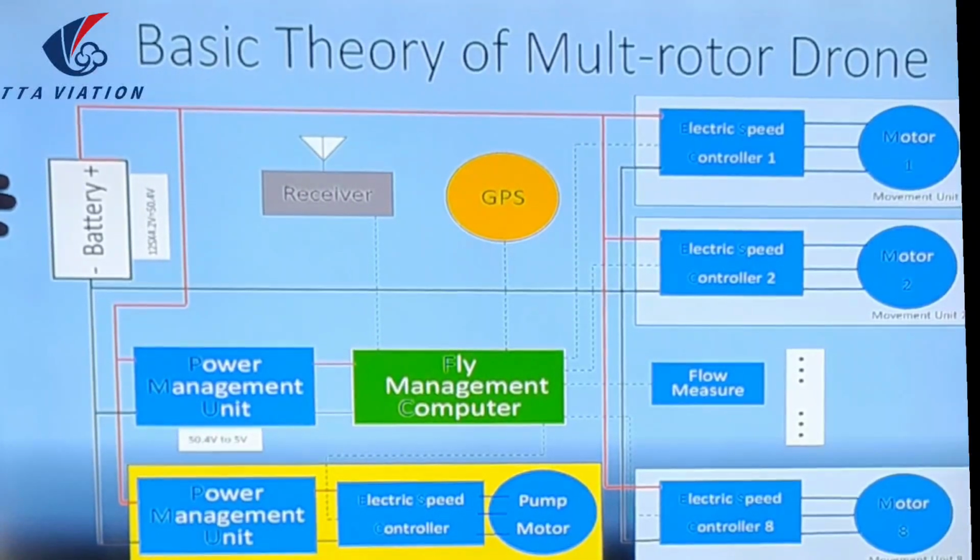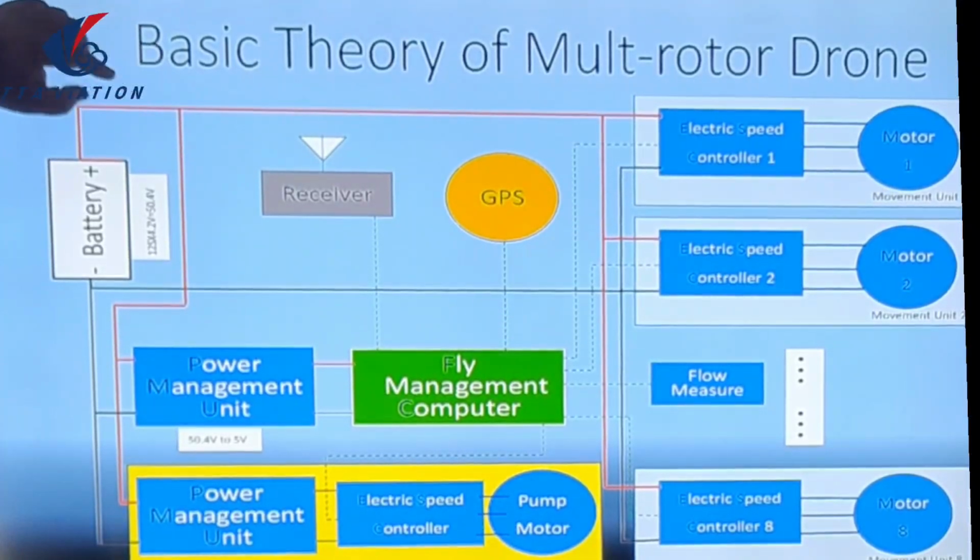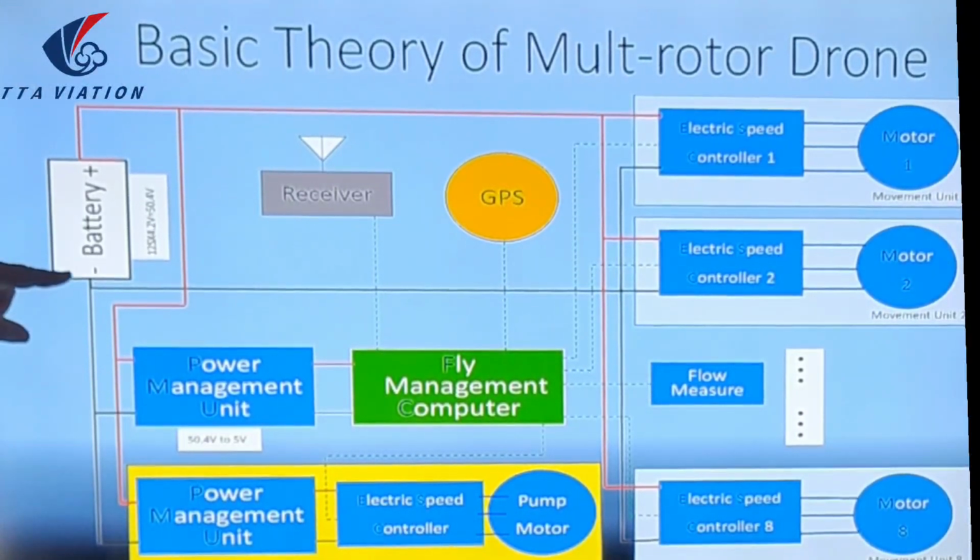Okay, we start to read this picture from the battery. We can see the red line. I use this red line as the positive side of the battery, and the black line as the negative side of the battery.